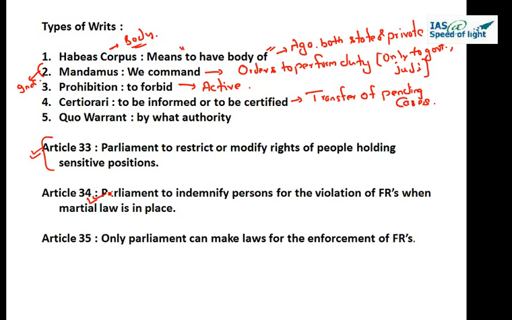So it is giving the power to Parliament to make laws for the enforcement of certain fundamental rights and not to the state legislatures, so that we will have uniformity throughout the country.